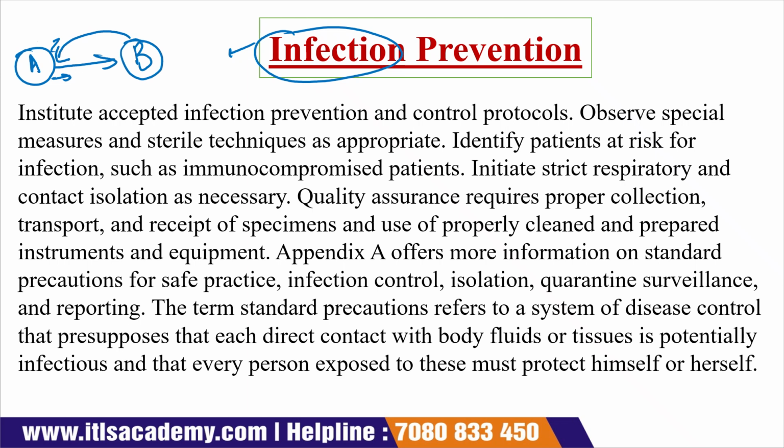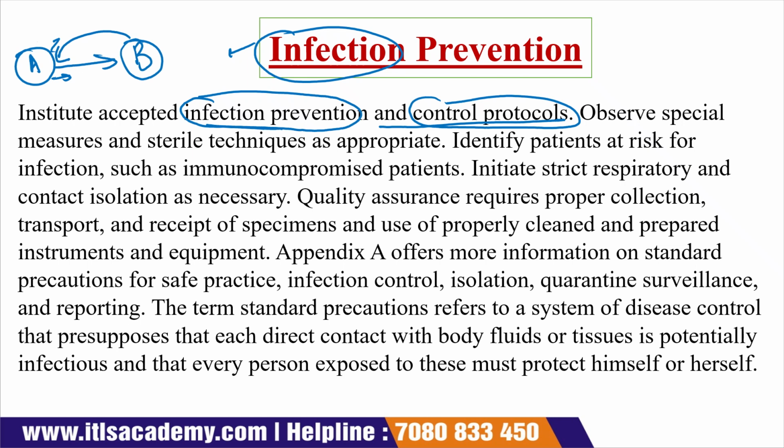Institute accepted infection prevention and control protocols. Different institutes have their own infection prevention protocols and infection control protocols. First of all, we have to prevent the infection from spreading from one patient to another.